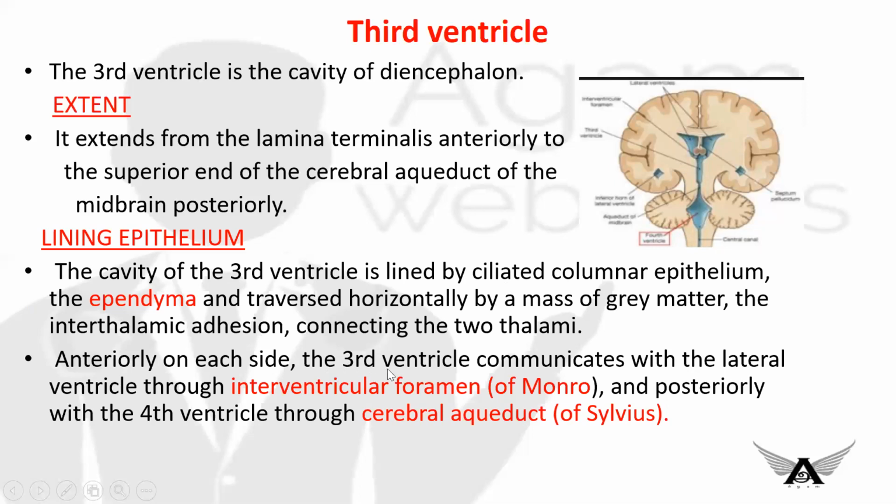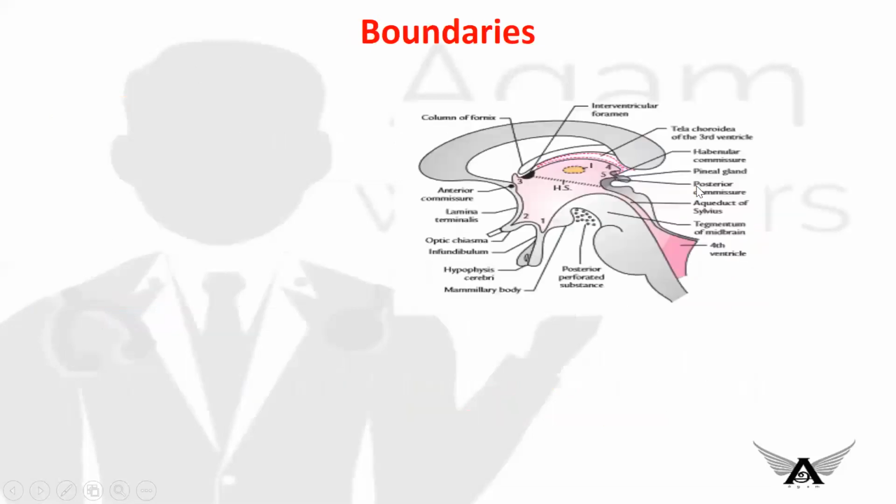Anteriorly on each side, the third ventricle communicates with the lateral ventricle via the interventricular foramen of Monroe, and with the fourth ventricle through the cerebral aqueduct, or aqueduct of Sylvius.